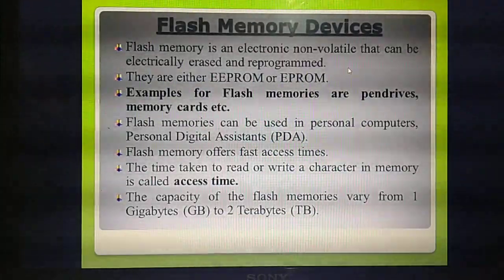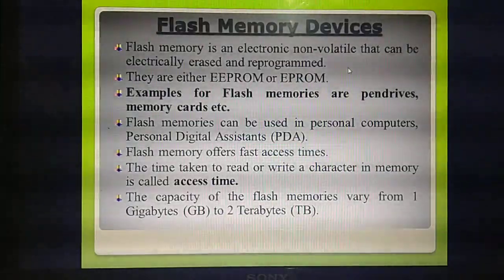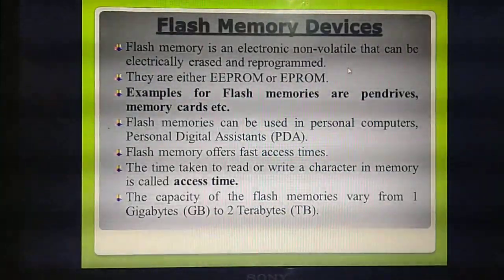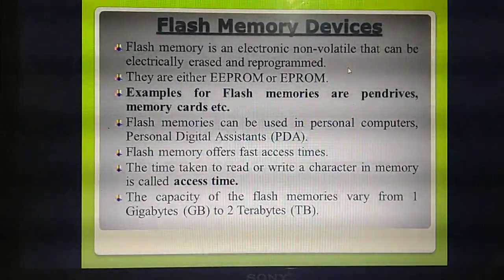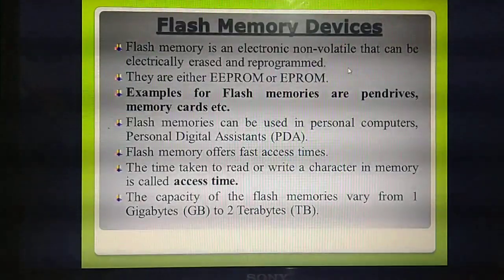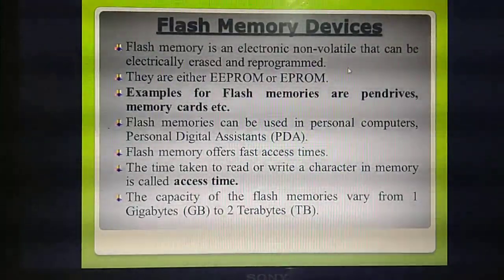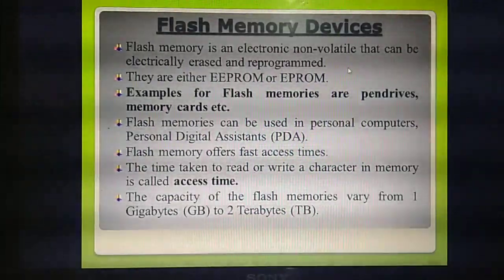Non-volatile means the data you have stored inside that particular memory will be a permanent one, not a temporary one. Temporary means if the power is switched off, the device will immediately lose the data. But non-volatile means the data you have stored inside the device will be permanent.